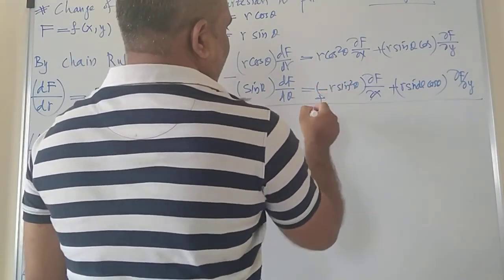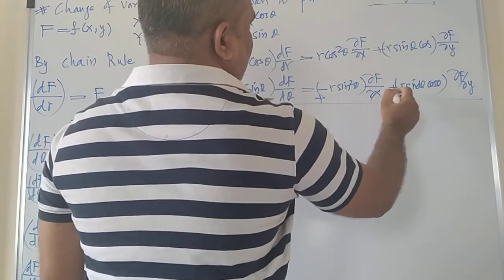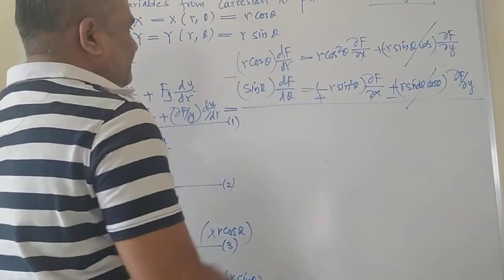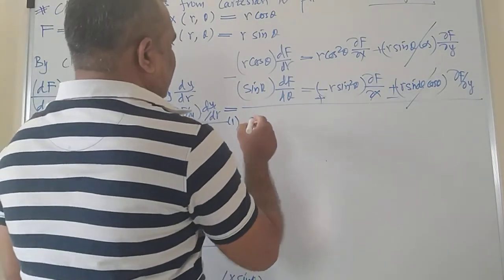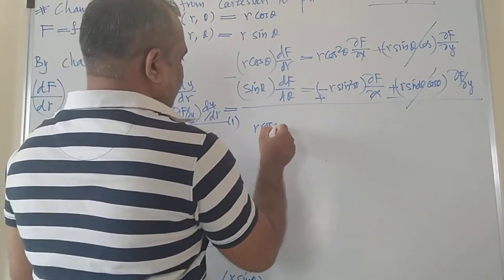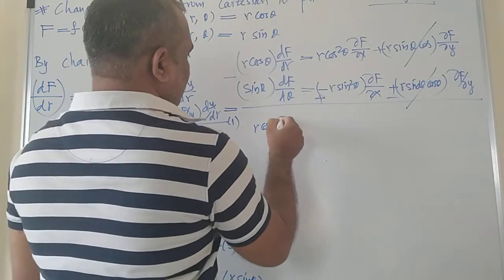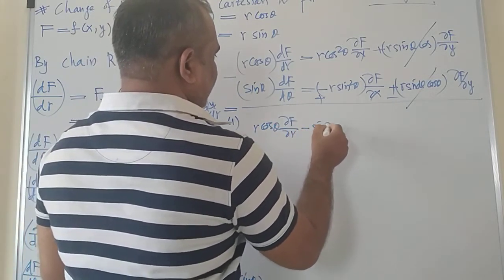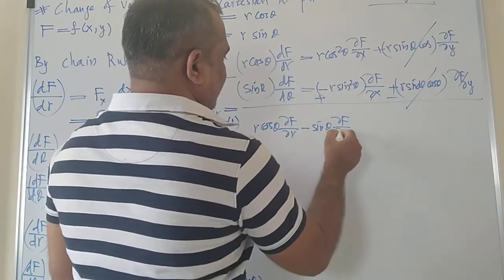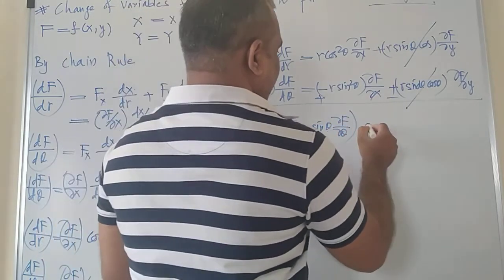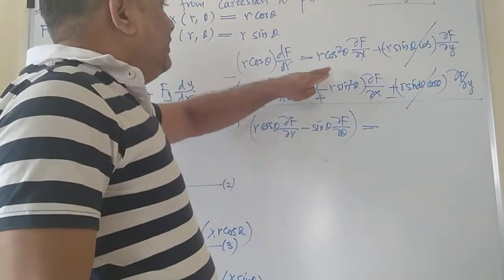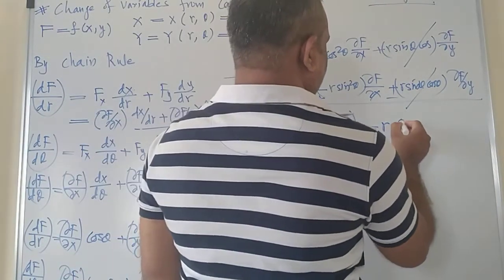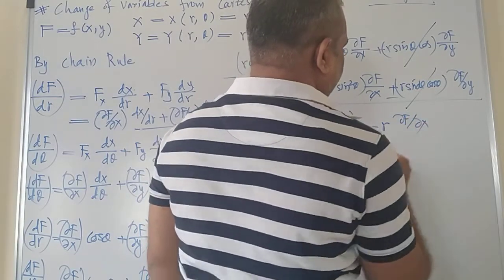And if you subtract this equation from this equation, this will give you a negative sign. This negative sign becomes plus, and these two terms get cancelled with each other. So let me cancel these two terms, and you will get here r cos theta into dou f by dou r minus sin theta into dou f by dou theta on one side is equal to r sin square theta plus cos square theta, that means r into dou f by dou x.